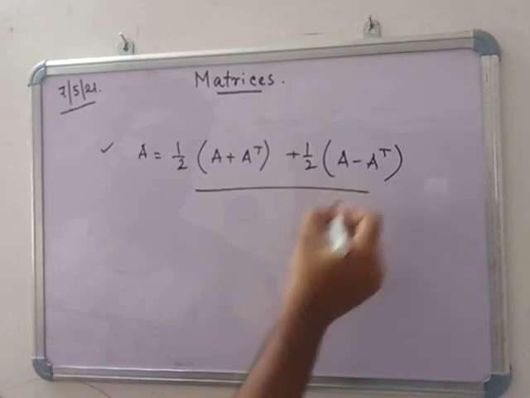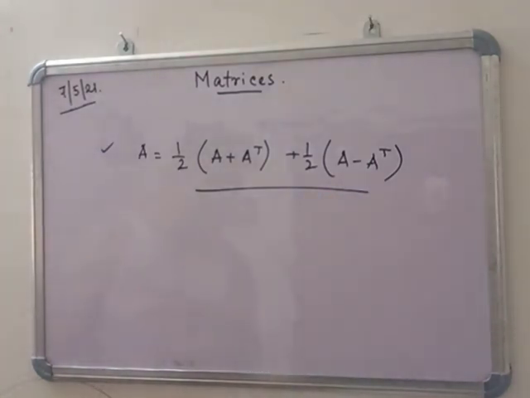This is the theorem or property we use for symmetric and skew symmetric matrices. If A is a square matrix, then A can be expressed uniquely as a sum of a symmetric matrix and a skew symmetric matrix.